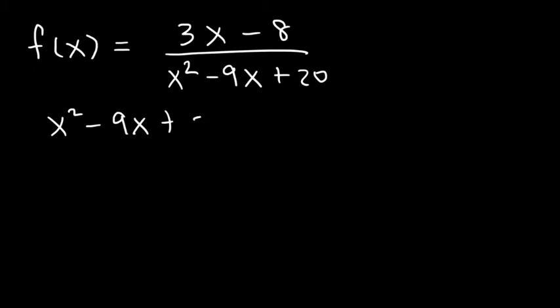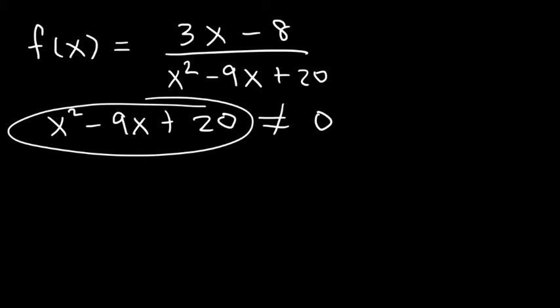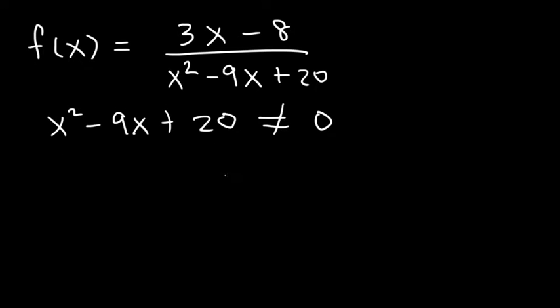Now let me take this one, x square minus 9x plus 20 must not be equal to 0. Now let me factorize it or split the middle term. You have to find two numbers whose sum is minus 9 and product is 20. I think the required numbers will be minus 5 and minus 4, that is minus 4 and minus 5.